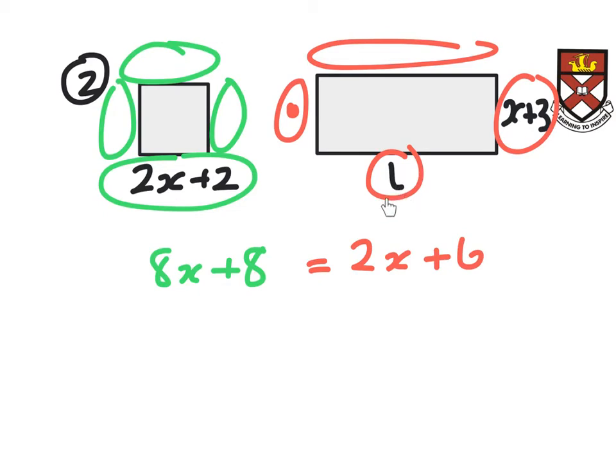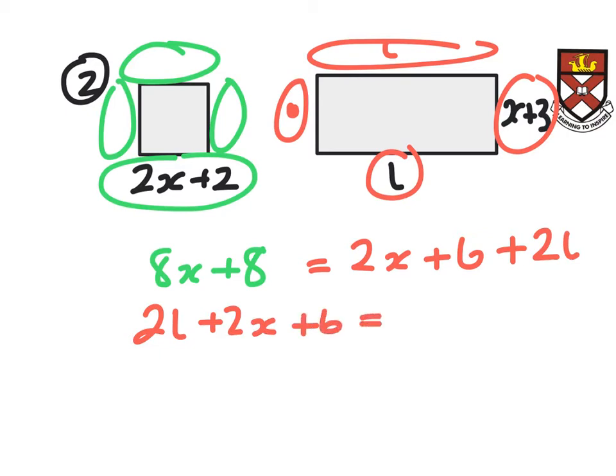Please note I'm just calling the bottom side L. If I'm calling the bottom side L, then I must be calling the top side L. So the total perimeter would be adding 2 L's on. If I rearrange this formula, 2L plus 2x plus 6 equals 8x add 8.